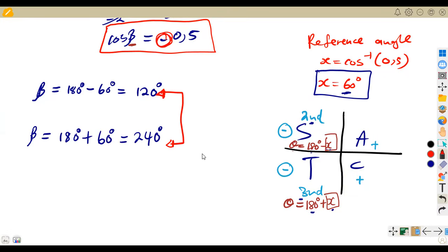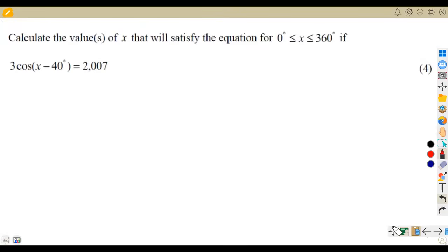I want us to check another question here whereby we are given again, but this time take note, we are given a bracket there. Calculate the values of x that will satisfy the equation from 0 to 360 if 3 cosine of x minus 40 is equal to this value. All right, so we need a single trig again. So how can we obtain a single trig?